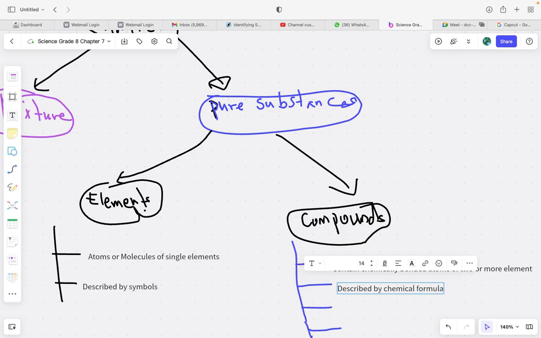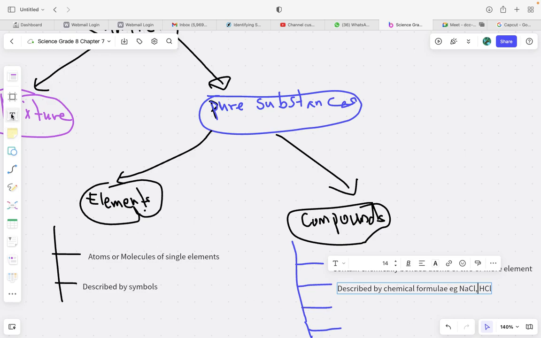They are described by chemical formula, for example sodium chloride, CH4 and so on and so forth, HCl, sodium chloride, hydrochloric acid. All these are chemical formulas.